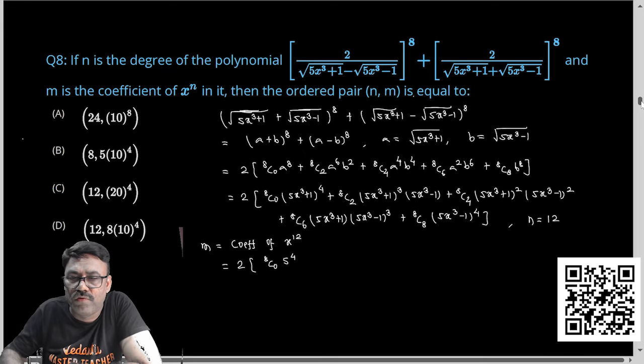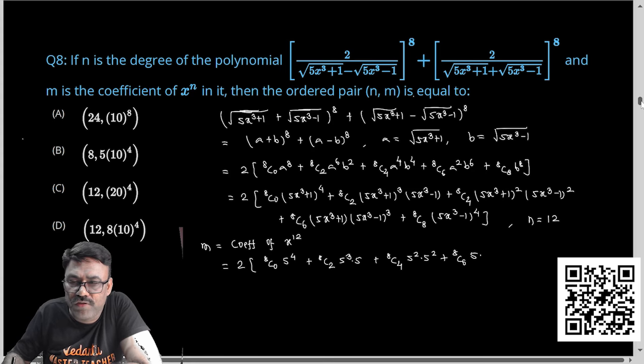With 8c2, for x raised to 12, I will get 5 cube into 5. Again 5 raised to 4. With 8c4, I will get 5 square into 5 square. With 8c6, I will get 5 into 5 cube. And finally with 8c8, I will get again 5 raised to 4.